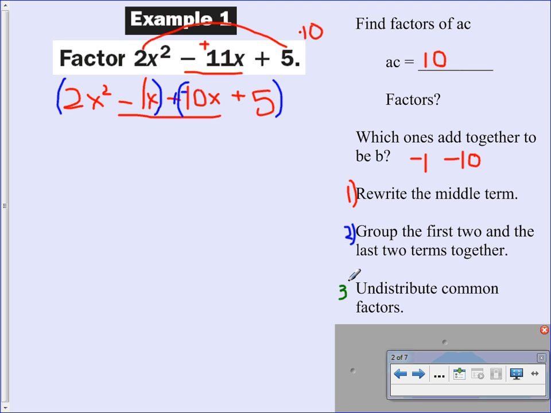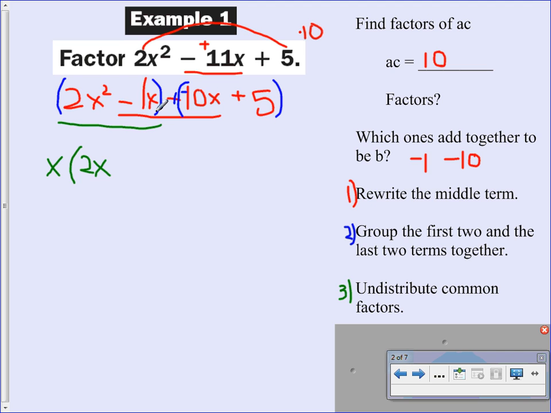Here's your third step. Looking at just that part, what can you factor out of 2x squared minus x? Now factoring means creating a multiplication problem. So what divides it? Both of them can be divided by an x. If you take 2x squared and divide by x, that leaves you with just 2x. So I'm pulling out an x.